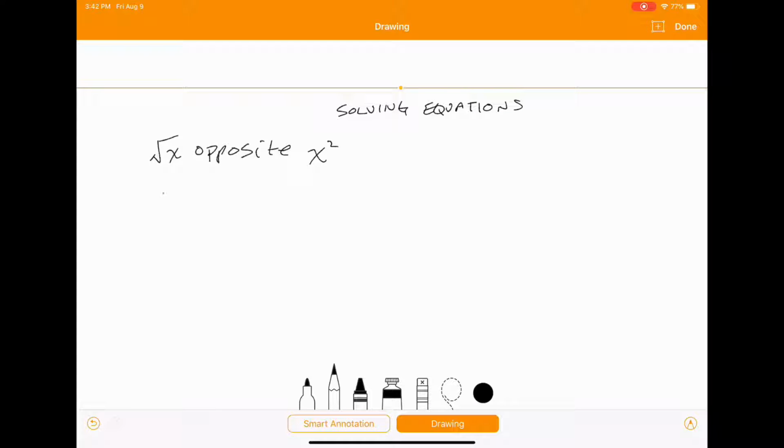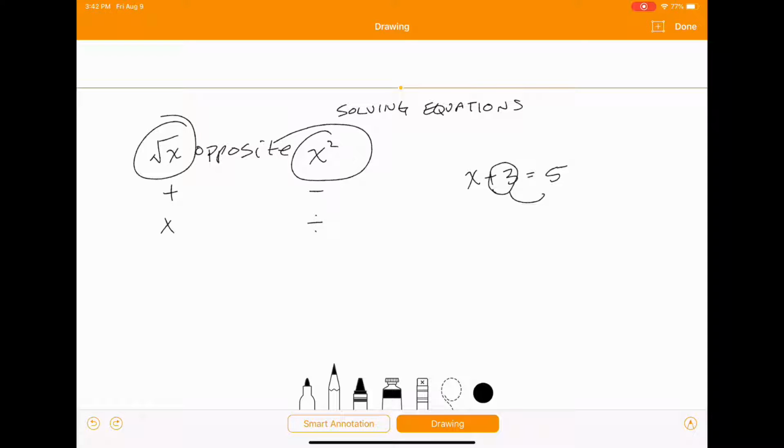So just like addition is opposite to subtraction or multiplication is opposite to division, same goes for this. So when you had an equation like x plus 3 equals 5, to get this over to the other side, we did the opposite of its sign. So here we have addition, so we're going to do subtraction on both sides. That's the same thing that we're going to do with square roots and squares.